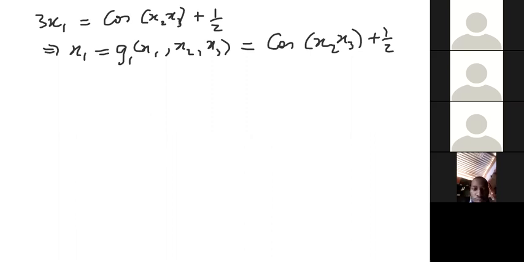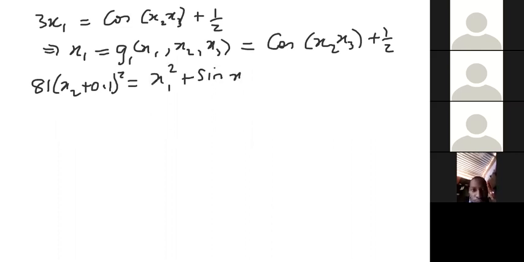Using equation 2, I can have 81 x2 plus 0.1 squared to be equal to x1 squared plus sine x3 plus 1.06 here.